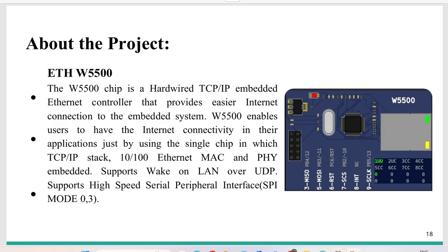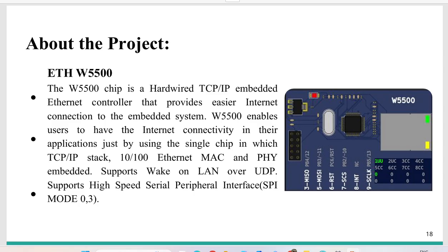And coming to Ethernet W5500. It is a chip which is used as a hardwired TCP/IP embedded Ethernet controller that provides easier internet connection to the embedded system.